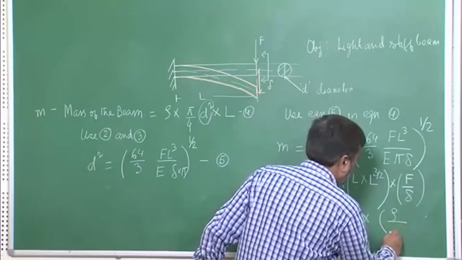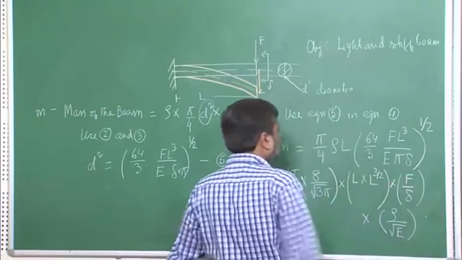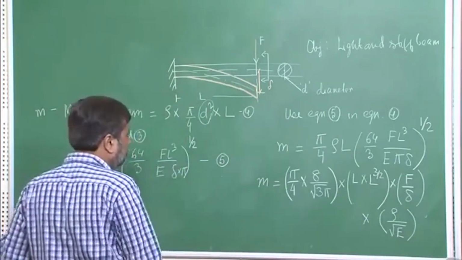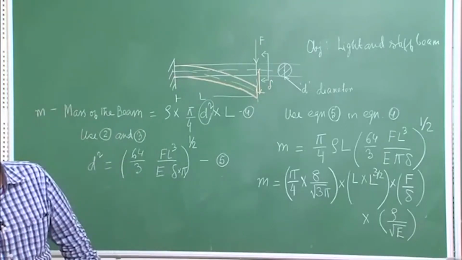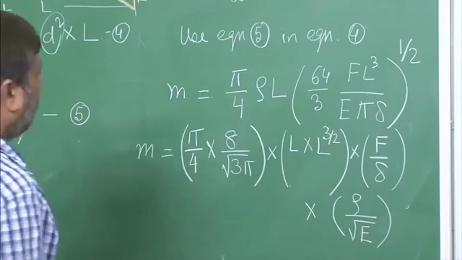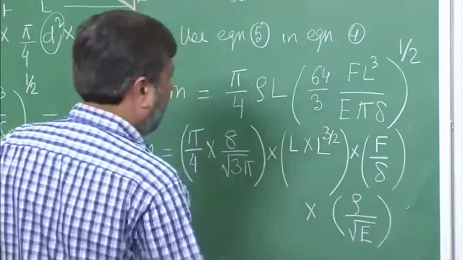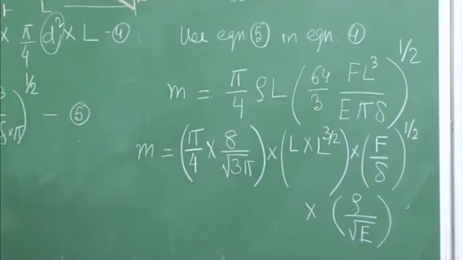Rho over square root of E. So, once again, term by term: F by delta to the power 1 by 2, right.